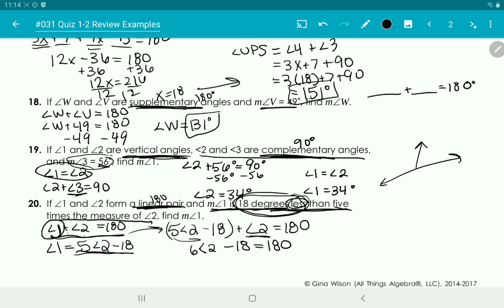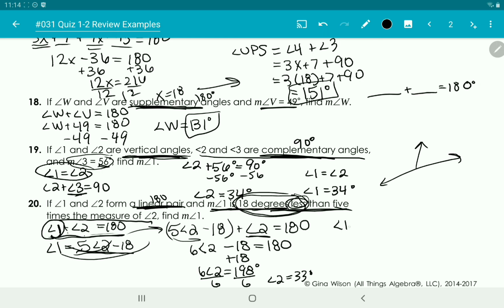And now we just need to solve for angle 2 like we would any other variable. So we are going to add 18 to give us that 6 angle 2 is equal to 198 degrees. And then if we divide by 6, that's going to give us that angle 2 is 33 degrees. If we know that angle 2 is 33 degrees, we can use either one of these.